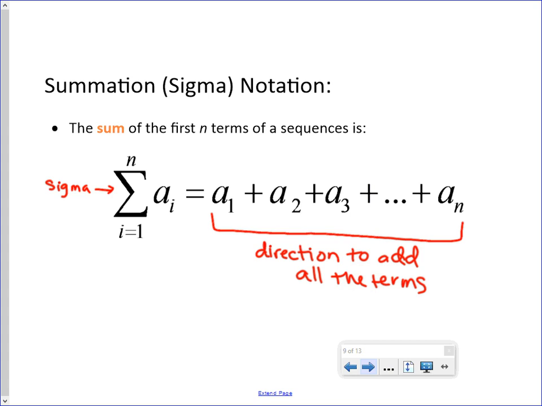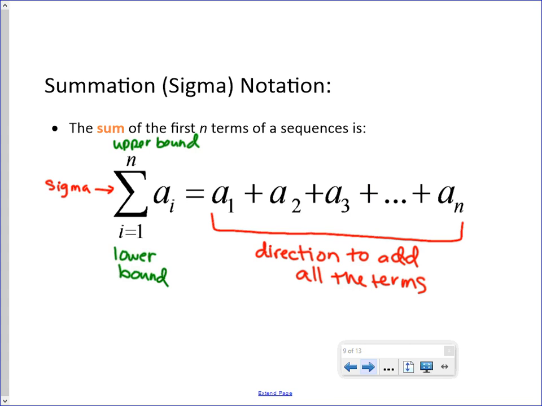A sub 1 plus A sub 2 plus A sub 3. Add all the terms. Now, on this other side, back with sigma, you've got some numbers on the top and the bottom of sigma. These are called your lower bound and your upper bound. And they just tell you when to start and stop.